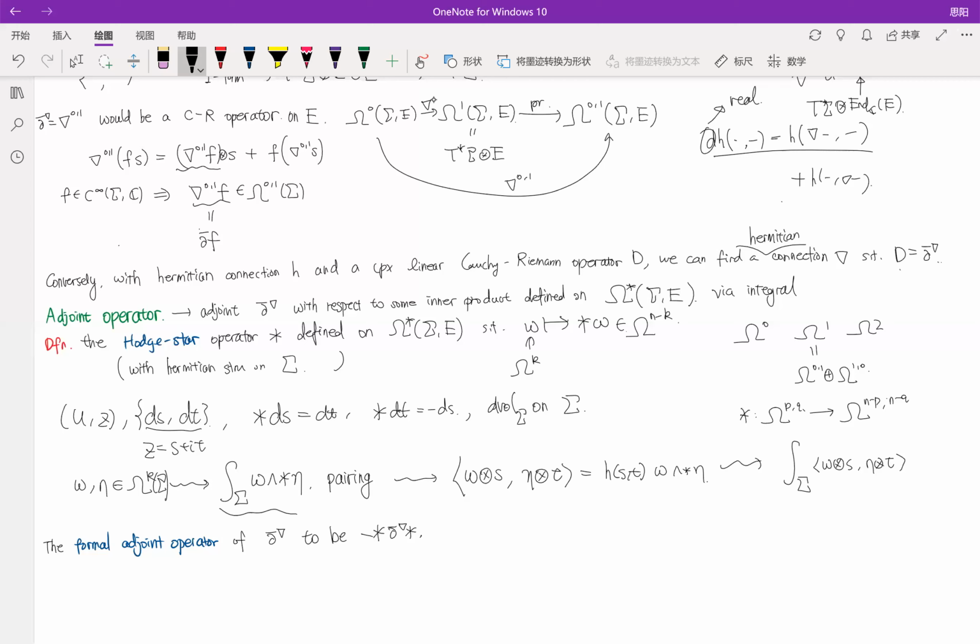So then we can talk about the orthogonal complement, and ds, dt must be an orthonormal basis. Then we have the relation between ds and dt.